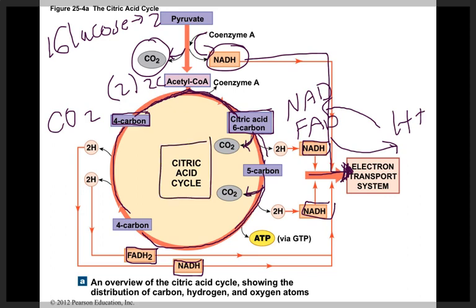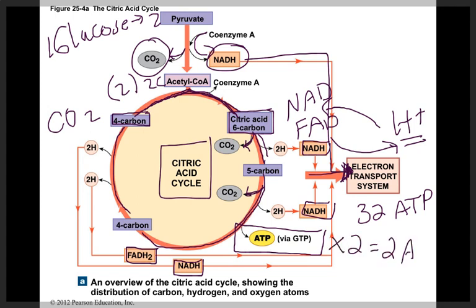And again, the electron transport system will use these hydrogen to give us 32 ATP. We also see that from one acetyl-CoA we get 1 ATP produced. Because we have 2 acetyl-CoA, we will end up with 2 ATP from the Krebs cycle. And we also had 2 ATP from glycolysis.